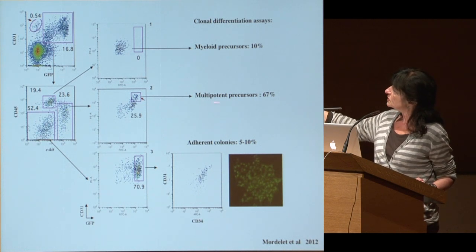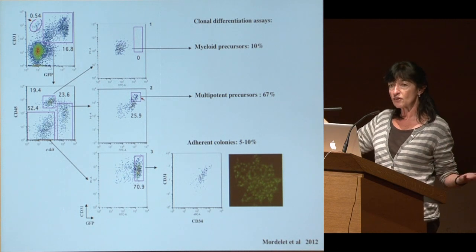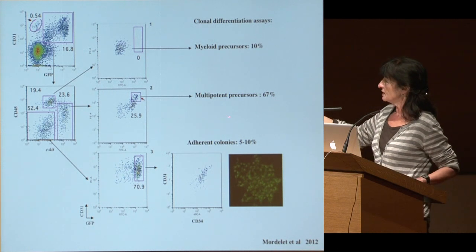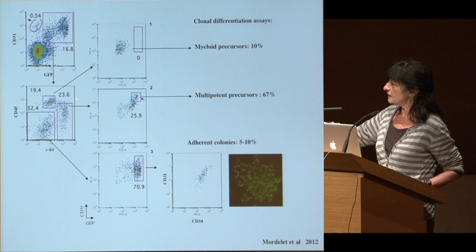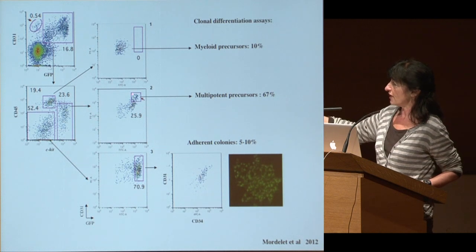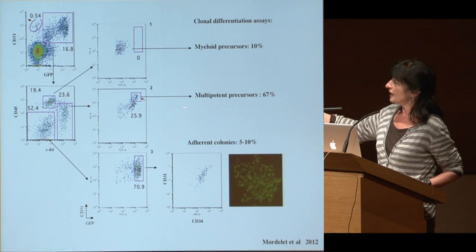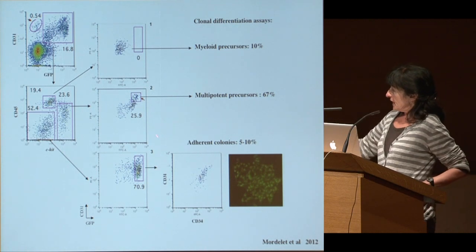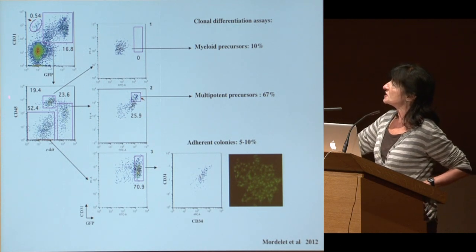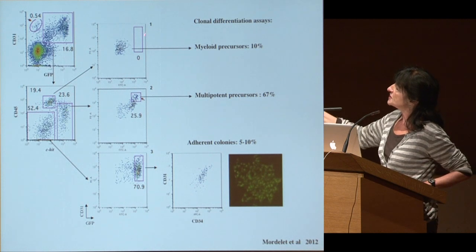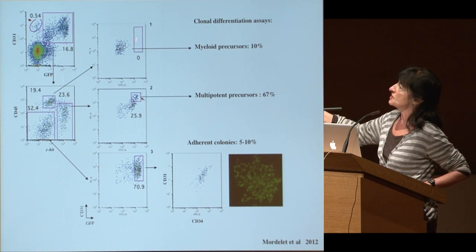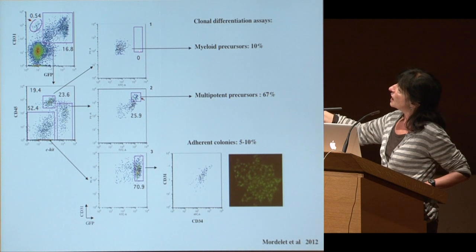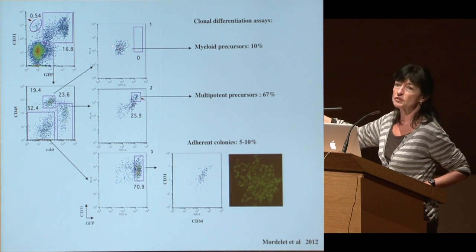All the multipotent progenitors, and in fact the long-term reconstituting cells, are in the c-KIT positive, CD45 low fraction. They express very high levels of GFP, and in fact the higher the levels of GFP, the better their cloning capacity. Now, the CD45 positive cells at this particular stage do not express GFP, or express very low levels. They do not contain multipotent progenitors.